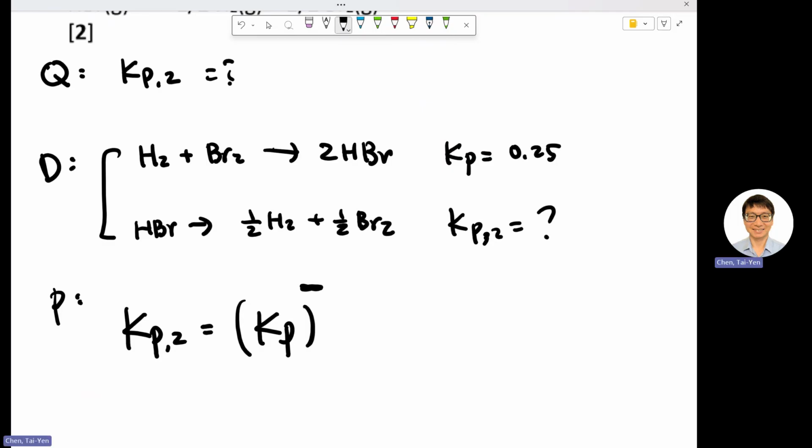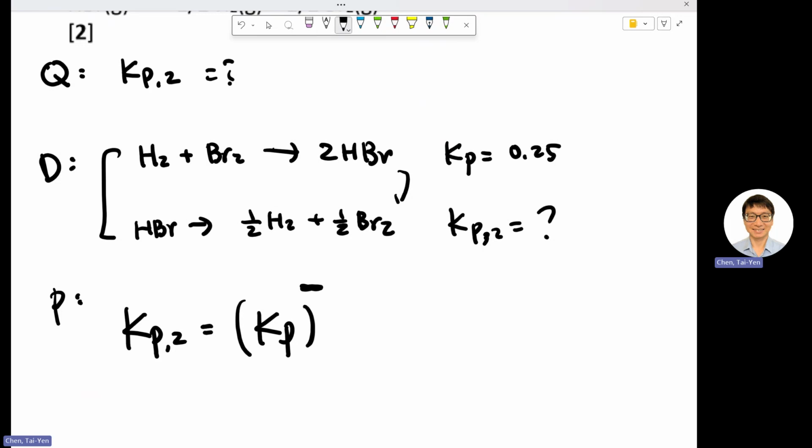So once you know it flipped, then you put the negative sign over there. Then you start to see the coefficients. What happened to the coefficients? Does it actually multiply any coefficients from the original one to give you the target one? Multiply a factor of 1/2, right? Do you see that?